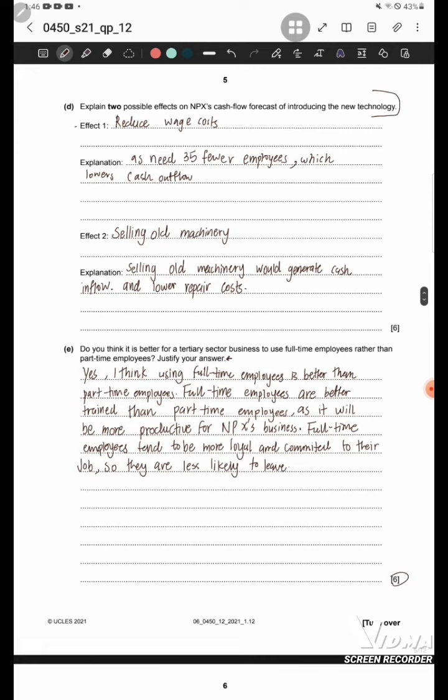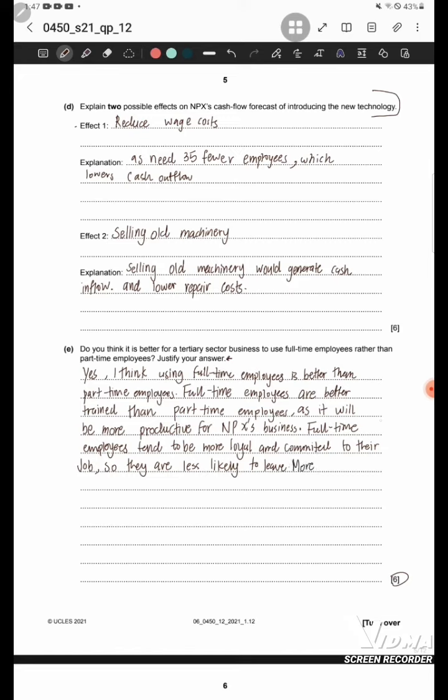The third point we could say is they have a fixed payment.